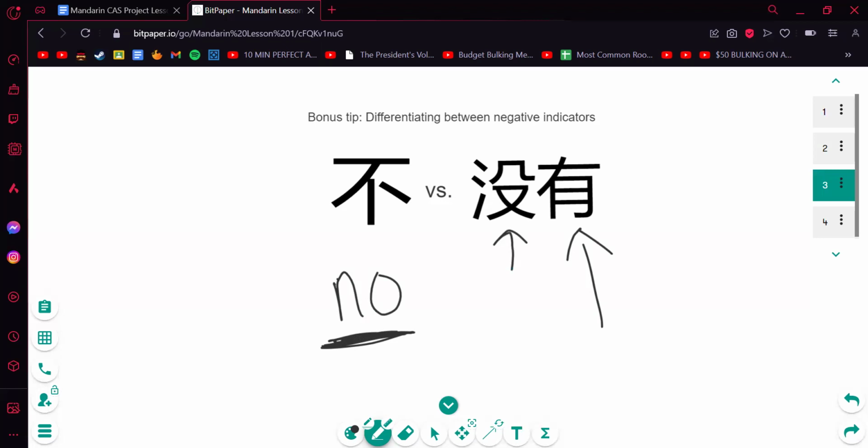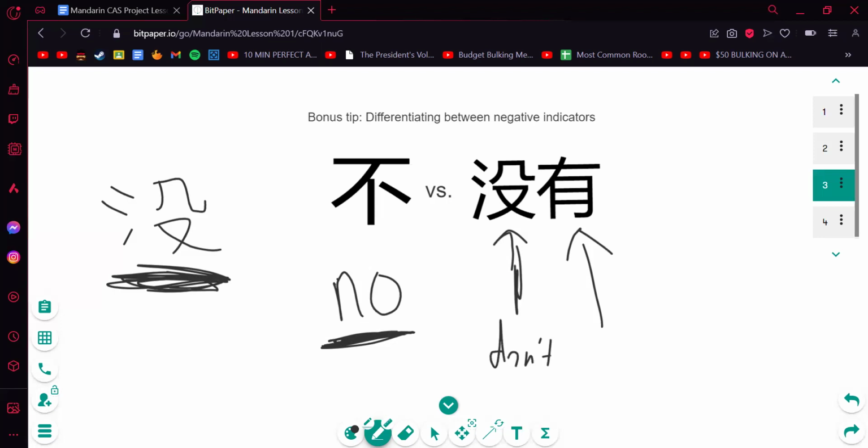All right, let's go over how to write this real quick. Three dots, this thing on the top, and this thing on the bottom. So you're wondering 没, what does it mean? It means nothing. So it's similar to no, but when you use it in this context, it becomes don't have.